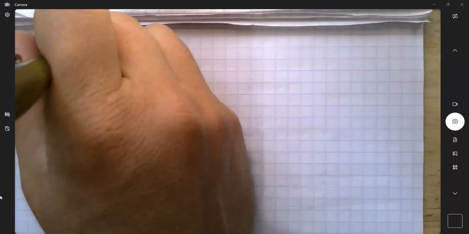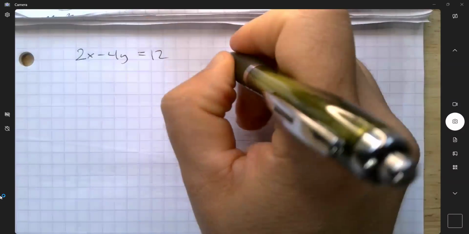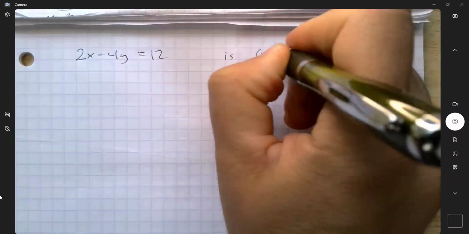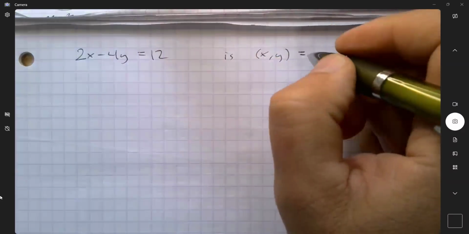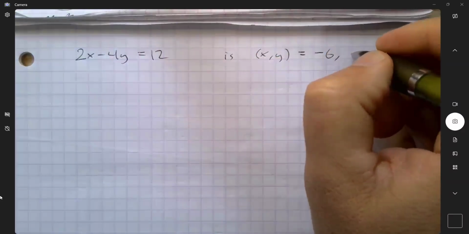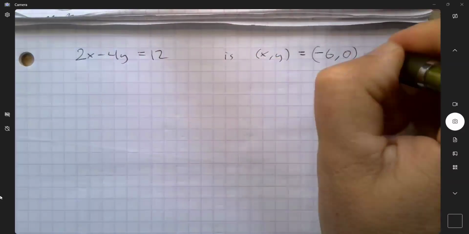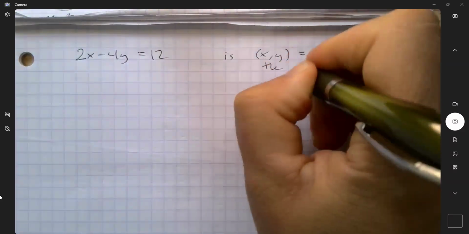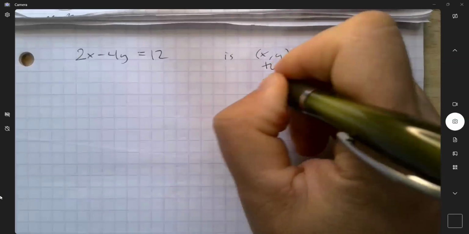Let's use that same formula, 2x minus 4y equals 12. And I can ask, is the coordinate point xy equal to -6, 0 on the graph of this equation?